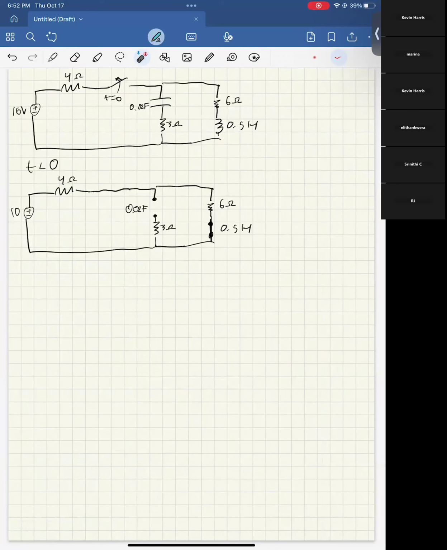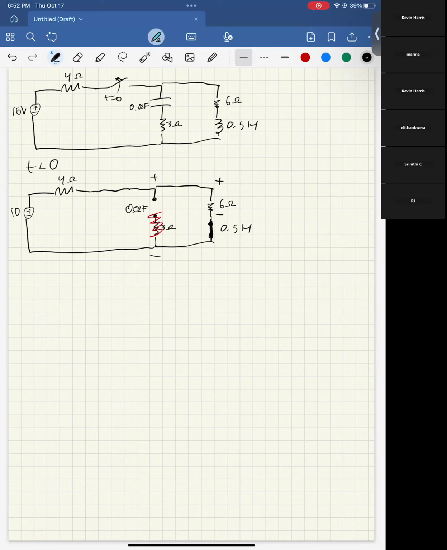So here, you can ignore this section because this resistor doesn't matter in this case. And if we want to find that VC of 0, that's going to be from here to here, which is the same as from here to here, because this is a wire. It doesn't have a voltage drop across it.